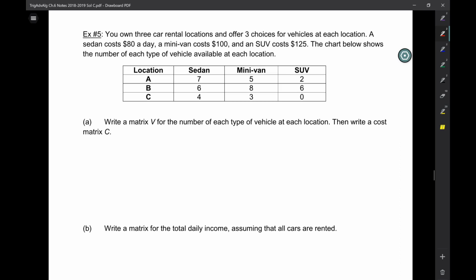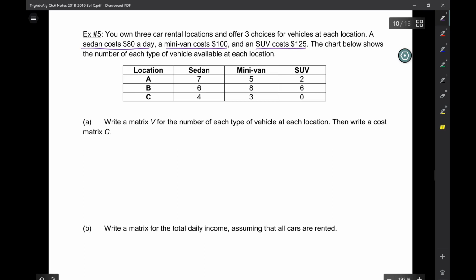Okay, so you own 3 car rental locations and offer 3 choices for vehicles at each location. A sedan costs $80 a day, a minivan $100 a day, and an SUV $125. The chart below shows the number of each type of vehicle available at each location.